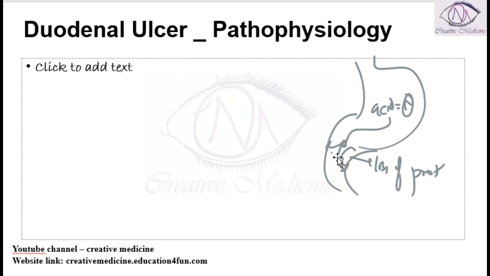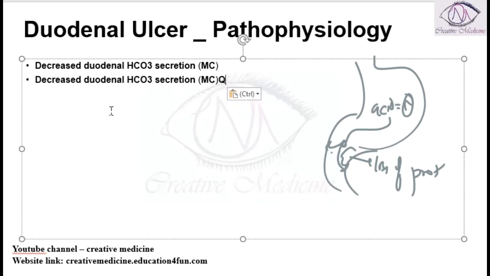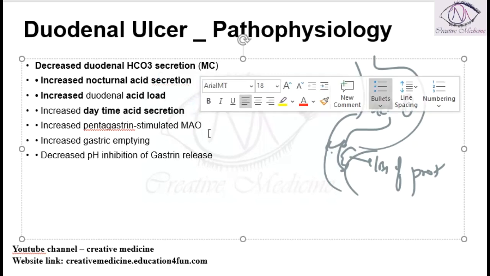So of the duodenal protective mechanisms, the most important is bicarbonate. There is decreased bicarbonate secretion, which occurs most commonly in the duodenum, and sometimes increased acid production might also be seen. In certain cases, increased nocturnal acid production is also seen in patients, and increased duodenal acid load is also associated with it.